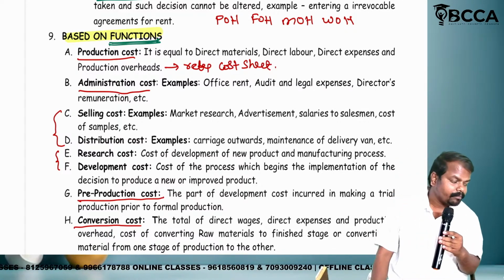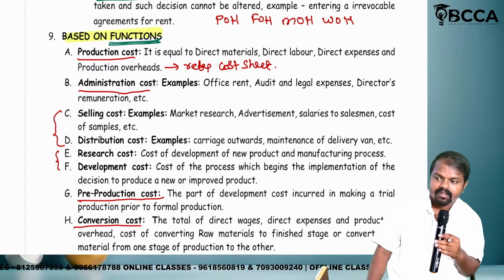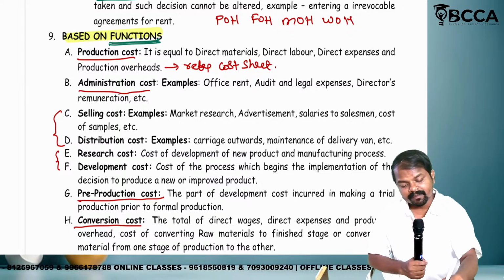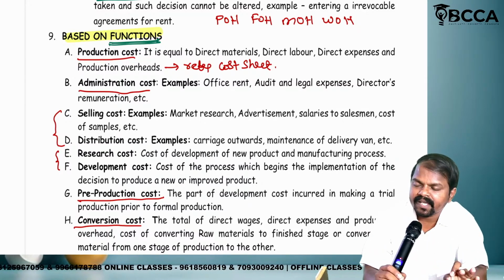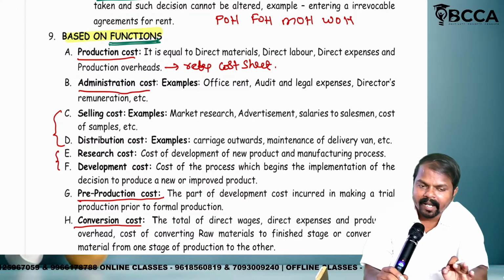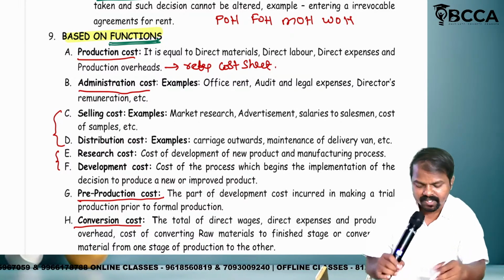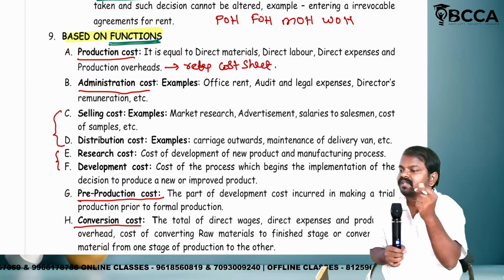Write it down. Refer to the cost sheet. Correct? Listen. What is meant by production cost now? Simply saying, prime cost plus POH. Prime cost plus POH is equal to production cost.